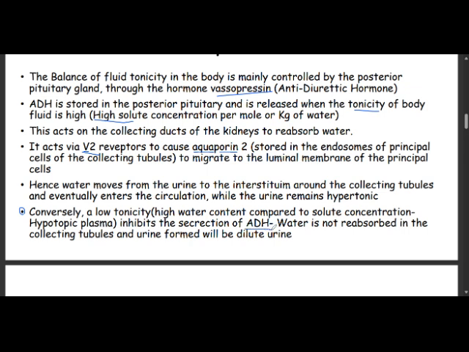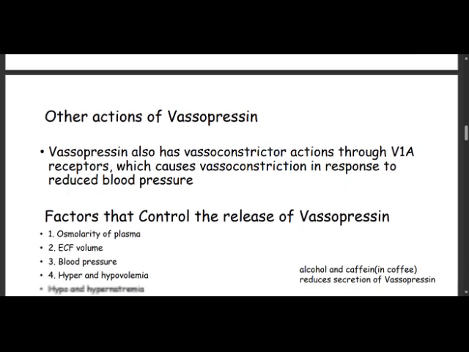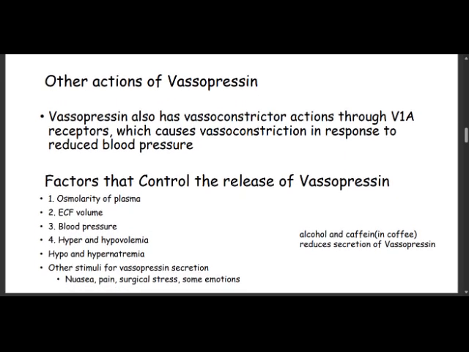That means no water will be reabsorbed, and the filtered water that gets into the collecting ducts will just go directly into the calyces, renal pyramids, and then down the ureter and be excreted through the bladder, just like that. And then you form dilute urine because that urine contains a lot of water.